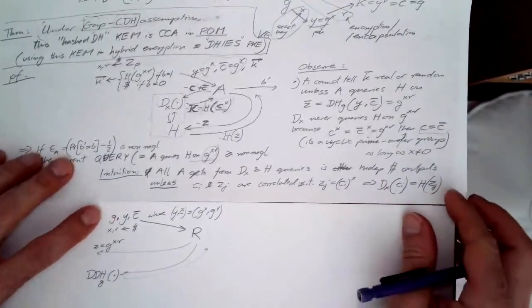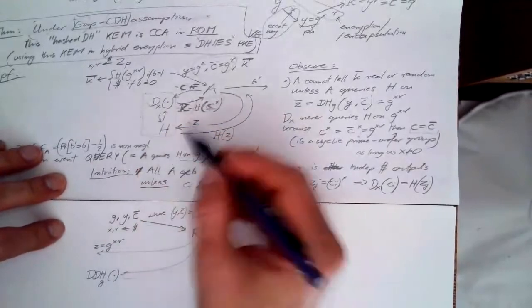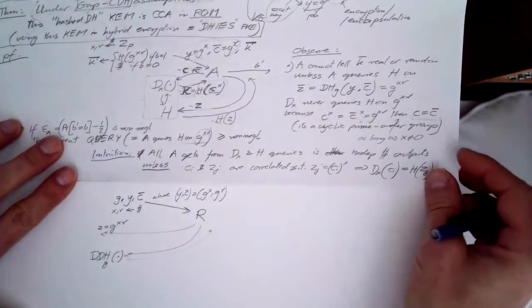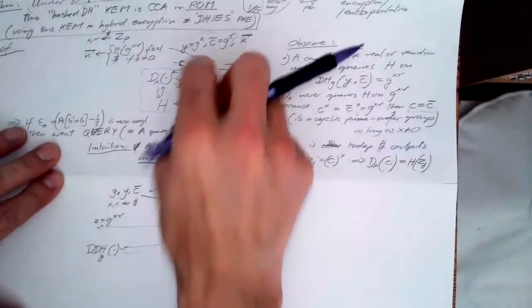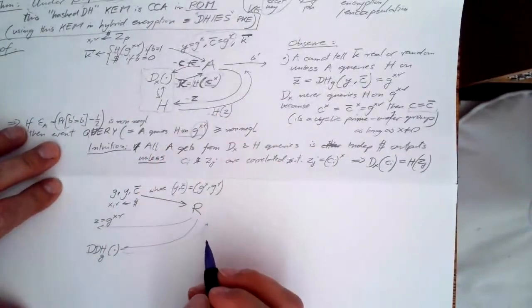Other than that, DX and H can output random values, and should be indistinguishable, or in fact, information theoretically identical to the view A gets in the real game.